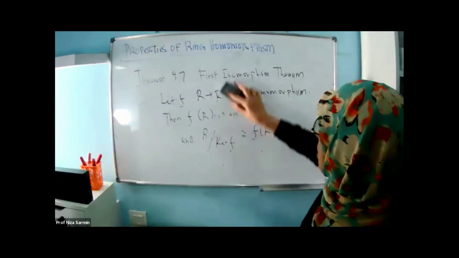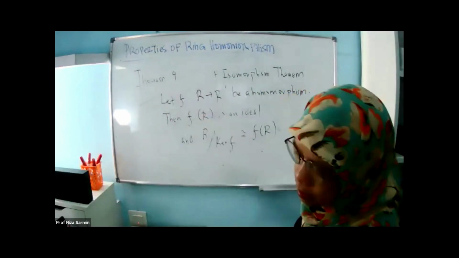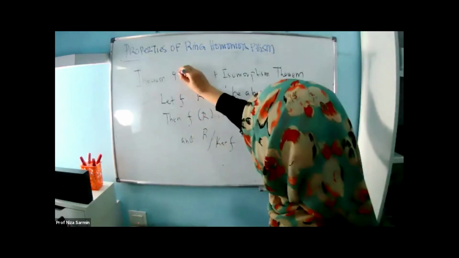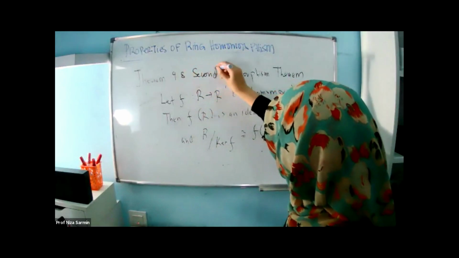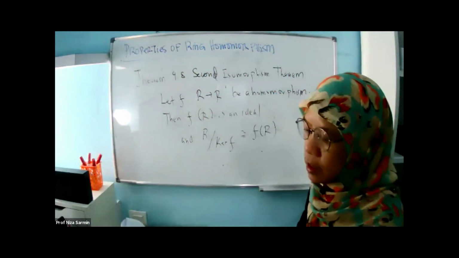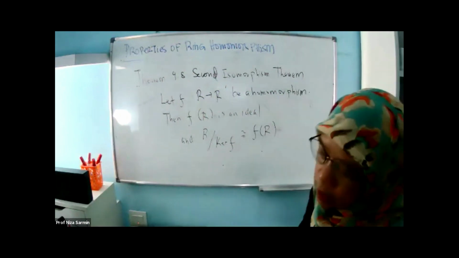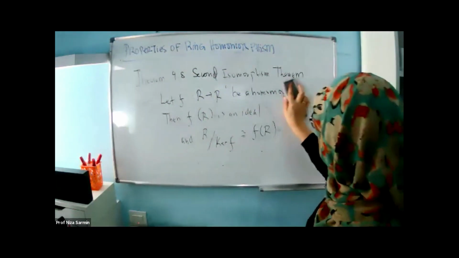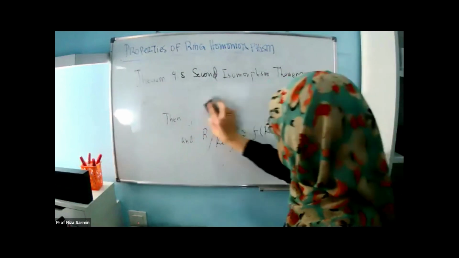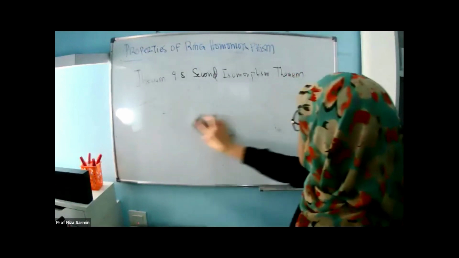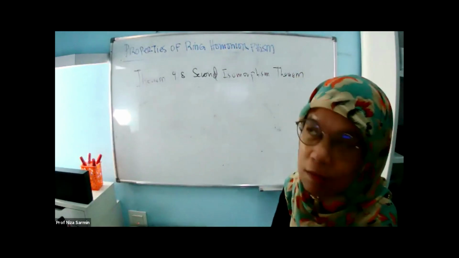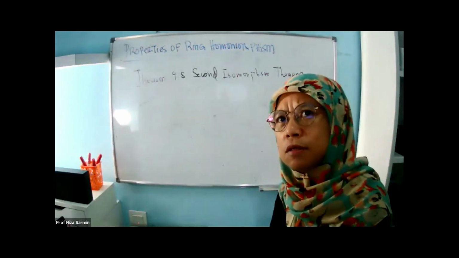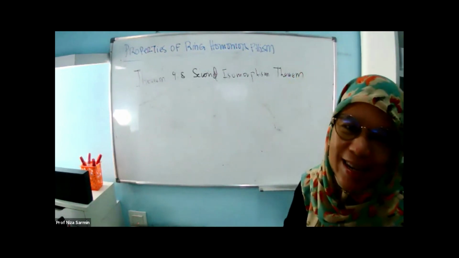Now I go to the second isomorphism theorem. You did the assignment for this one last time, right? And then is it in our test? Did I put it in our test? Yeah, last question in the test, right?